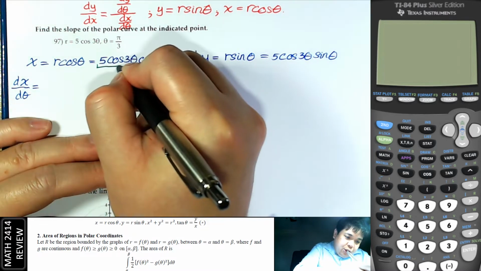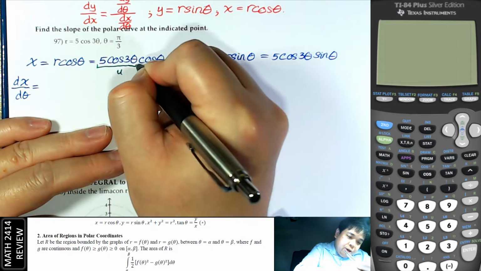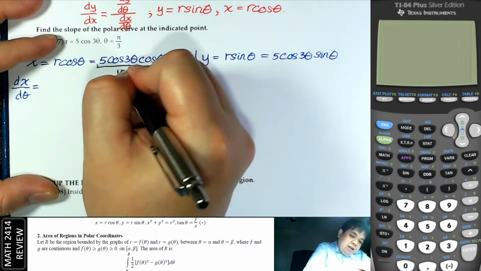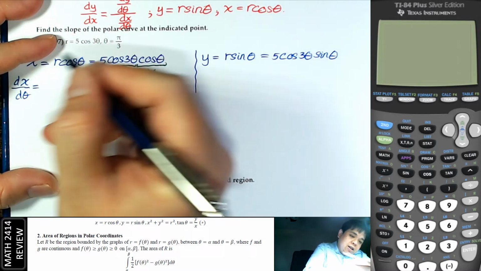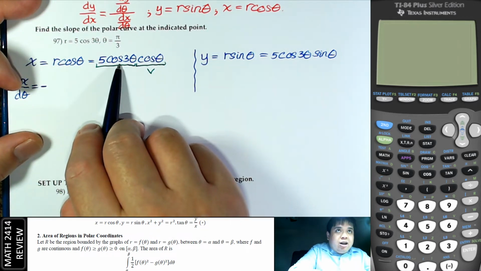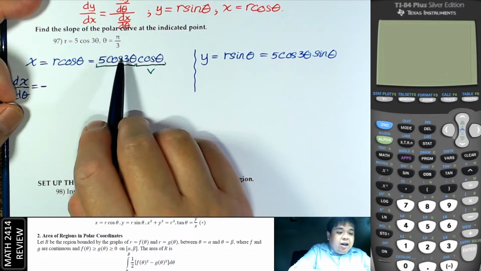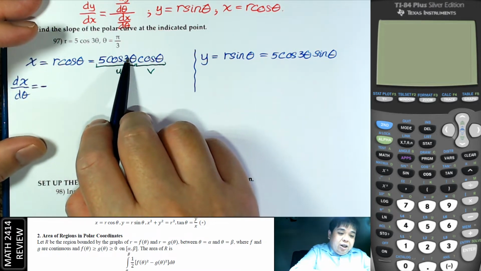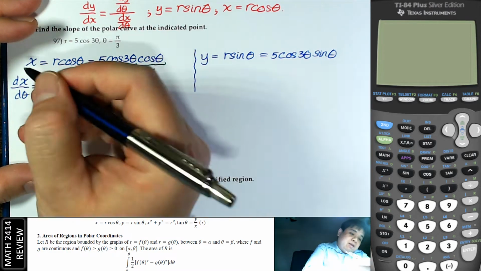Let this be u and v. So u prime v, the derivative of this is negative. The derivative of cosine is negative sine, and then the derivative of 3 theta is 3. So we have 3 and 5, so that's 15.